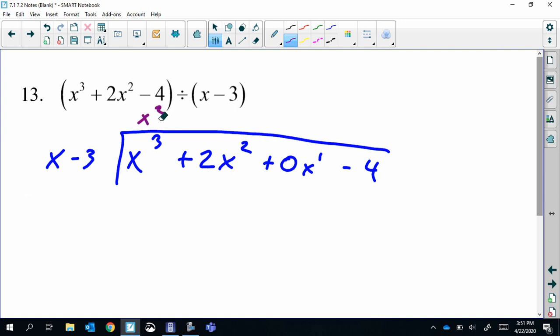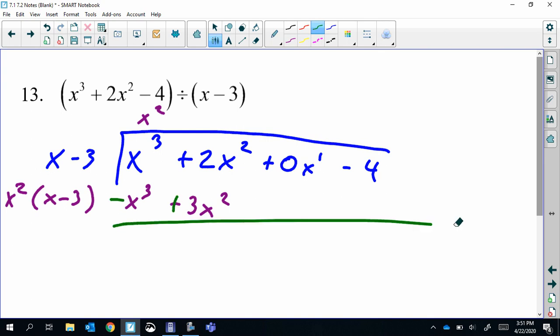Now we're going to distribute that back. X squared times x minus 3. And then subtract. Change those signs. And then we start over. Divide 5x squared by x. You get 5x. Distribute.